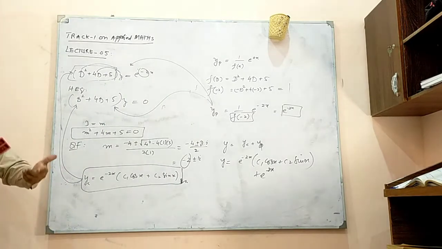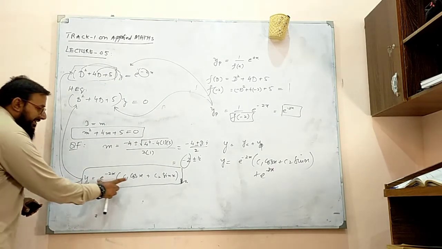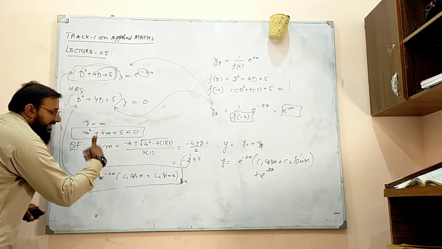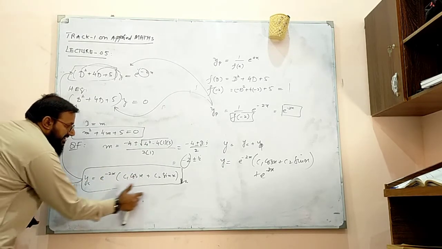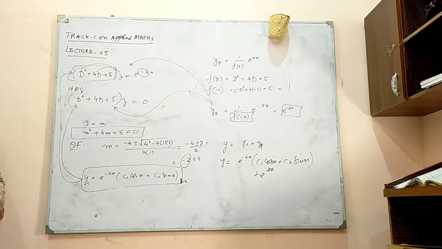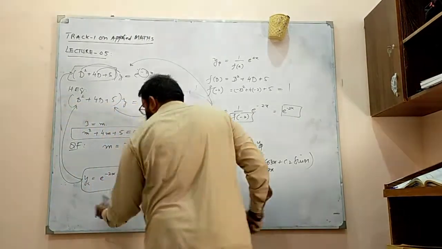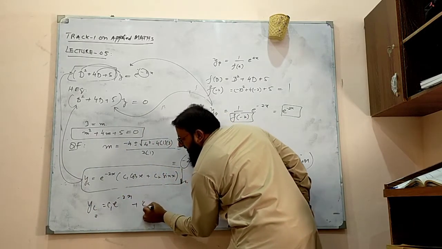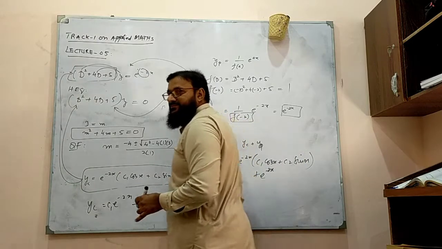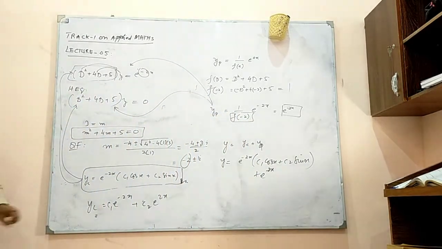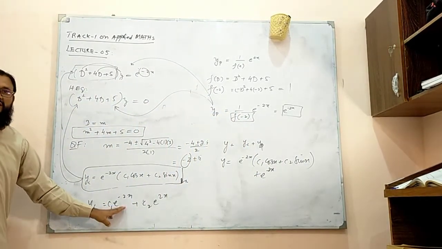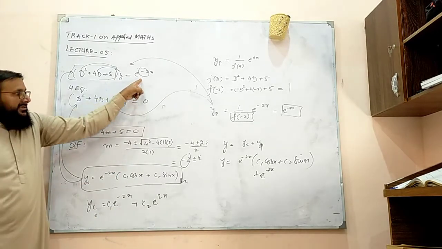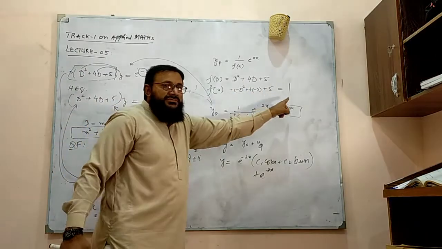Then you will apply another condition of f prime. You can see the first function is e raised to minus 2x times cos x, and the second one is e raised to minus 2x times sin x. Suppose your yc was c1 e raised to minus 2x plus c2 e raised to 2x. Then you can see your yc involves e raised to minus 2x, and your right hand side is also the same. Then this f of minus 2 would have been 0.